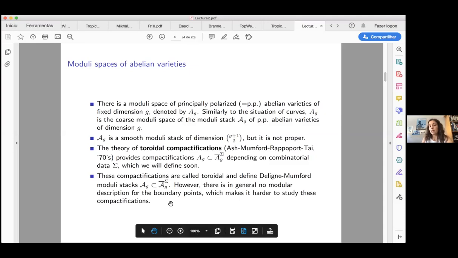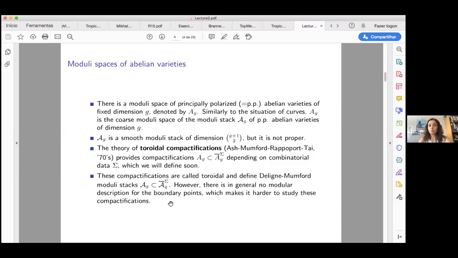But there is a big issue here. Remember, in the case of curves, I insisted on the fact that the moduli space of stable curves was a modular compactification, meaning that we were adding points in the boundary and we were able to give an algebraic geometric interpretation for these points.